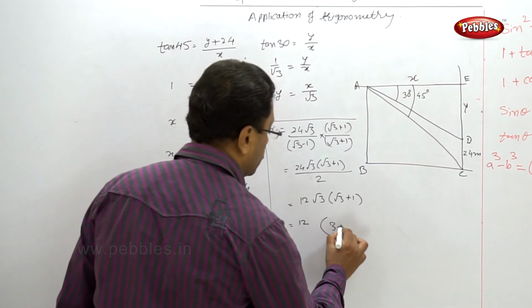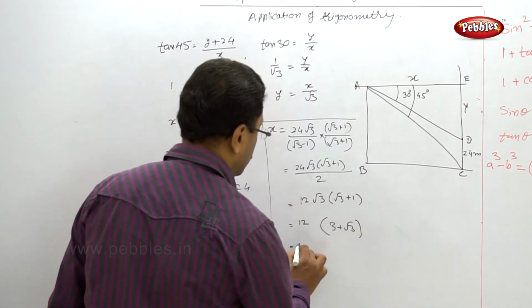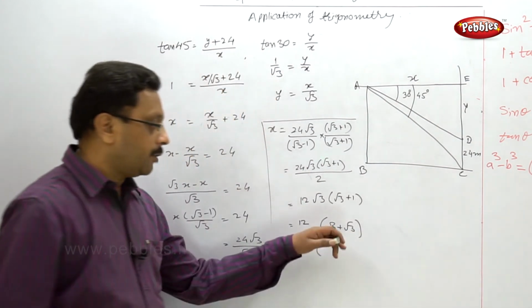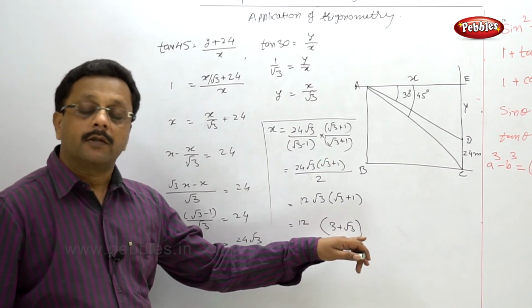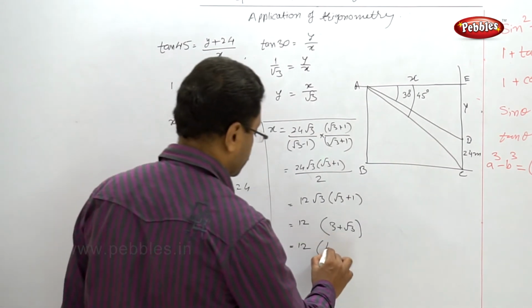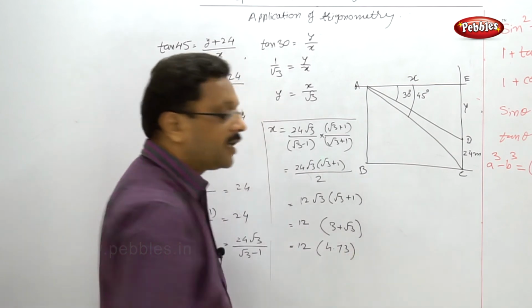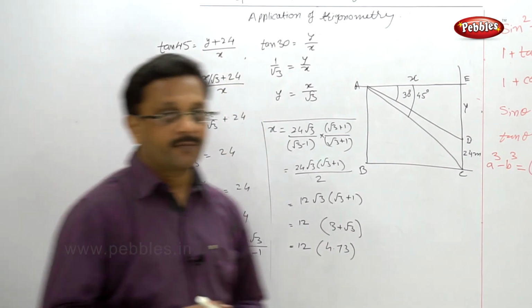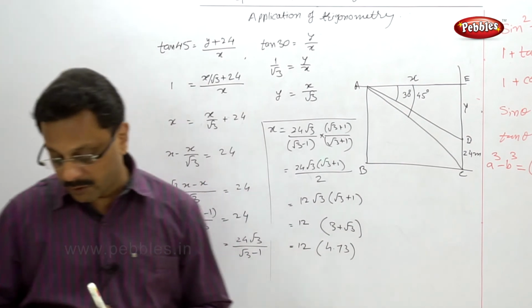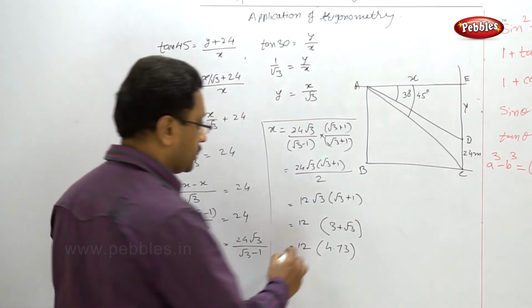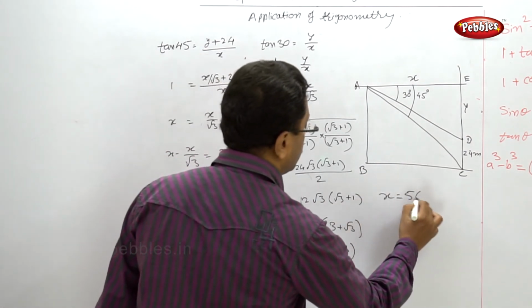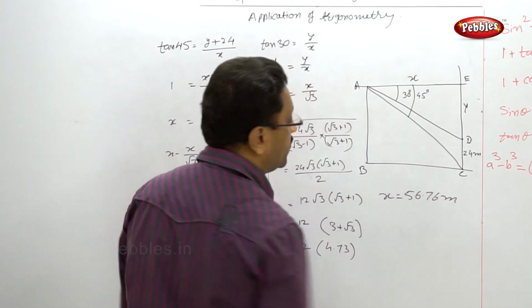That is 3 plus root 3. So here 12, 3 plus 1.73, that is 4.73. Now multiplying 4.73 by 12 is easy. So the final answer you have got is 56.76 meters. X equal to 56.76 meters.